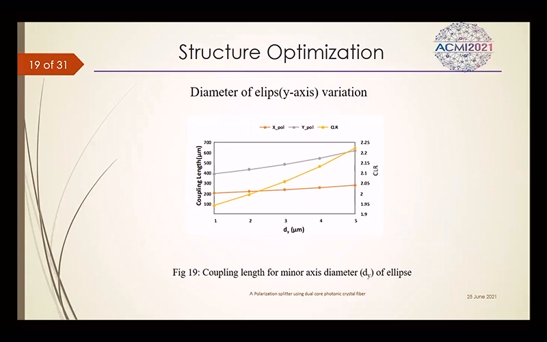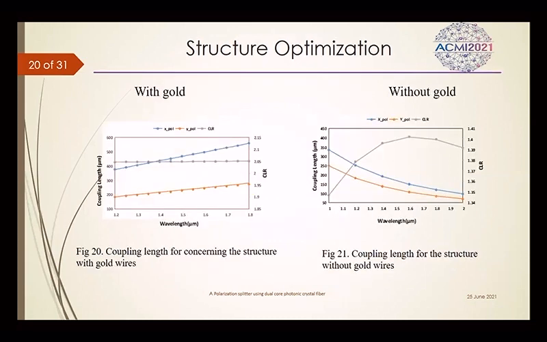In the next slide, the effect of gold and without gold is shown. We can notice that without gold the CLR cannot reach 2, but if we use gold we can easily reach 2.